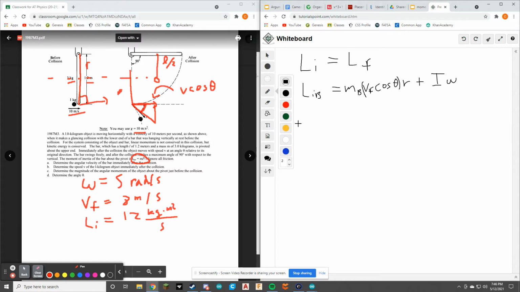Then we will try to isolate theta. Again, use our moment of inertia equation.